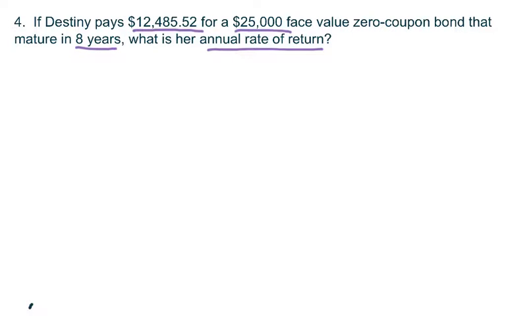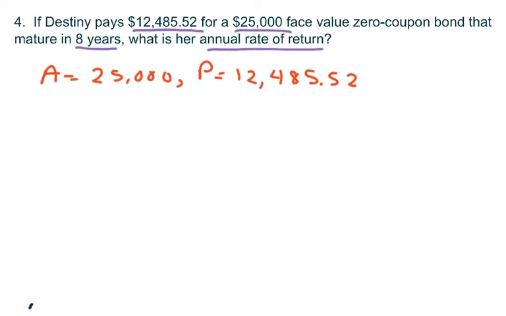So we have A equals 25,000, P equals 12,485.52. We want annual rate of return, so N is 1, and T is 8. And we need to find R.